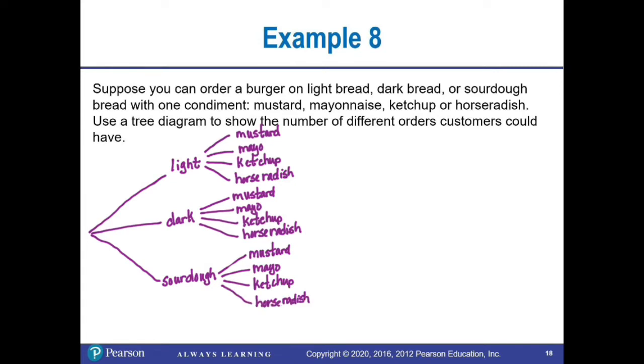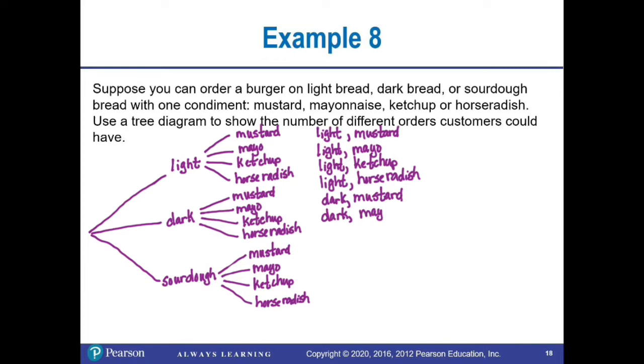We can write each order as an ordered pair. So I could have light with mustard, light with mayo, light with ketchup, light with horseradish, dark bread with mustard, dark bread with mayo, dark bread with ketchup, dark bread with horseradish, and so on, for a total of 12 different ordered pairs.